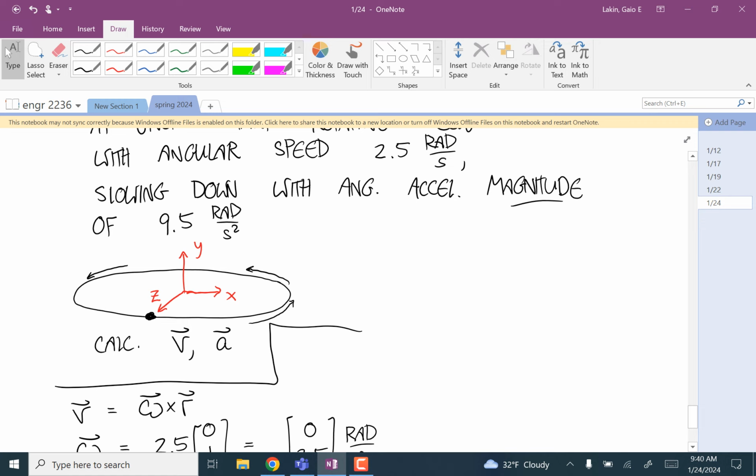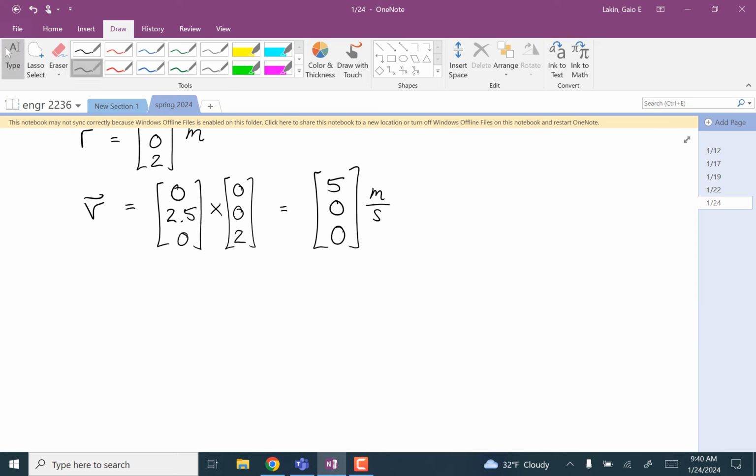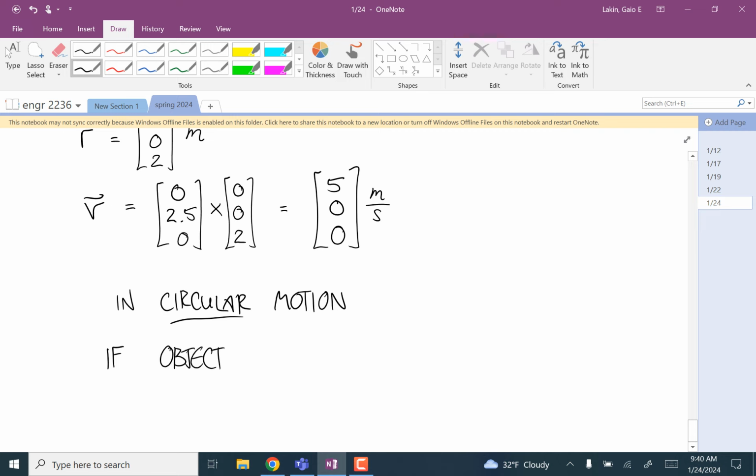Yep. Oh, it's negative. Yeah, not necessarily. Well, here's what it means. In circular motion, so now we're talking about in a plane, remember I said last time that in circular motion, the angular velocity and angular acceleration vectors are parallel.